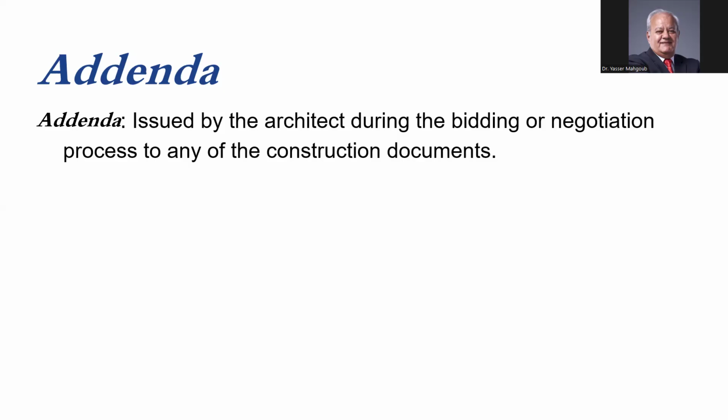And this is what we call addenda. Addenda is issued by the architect during the bidding or negotiation process to any of the construction documents. Important word here is during. Okay?